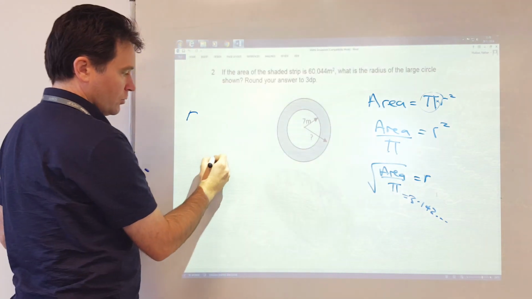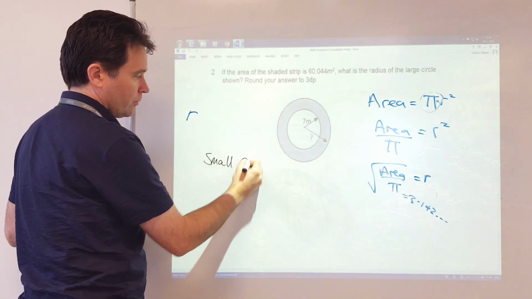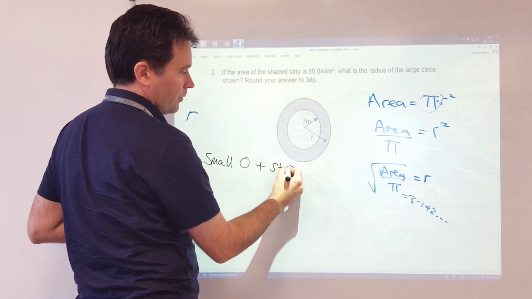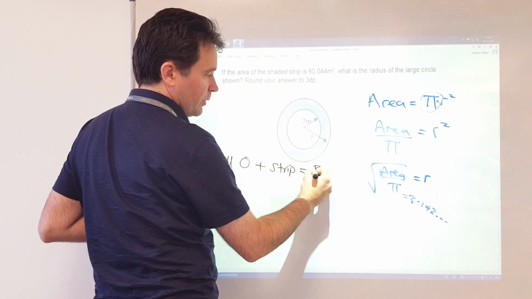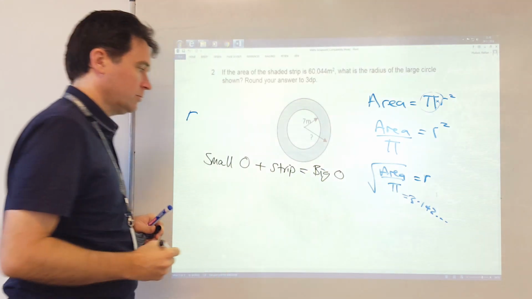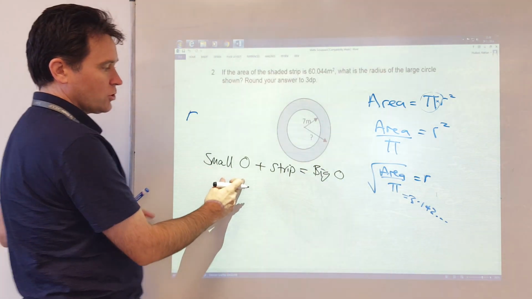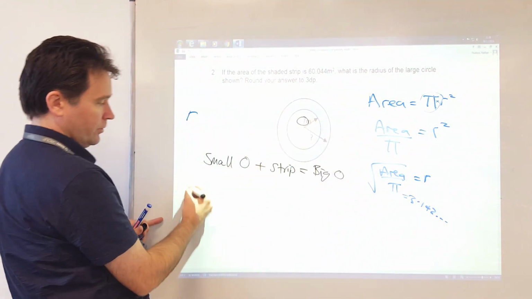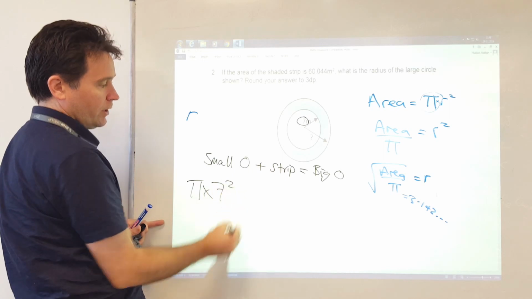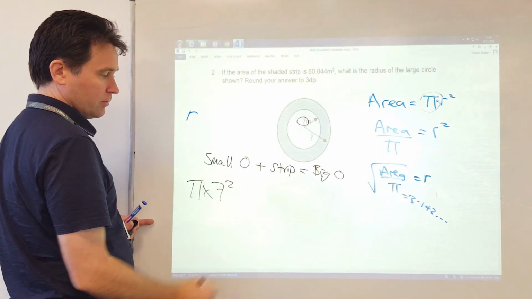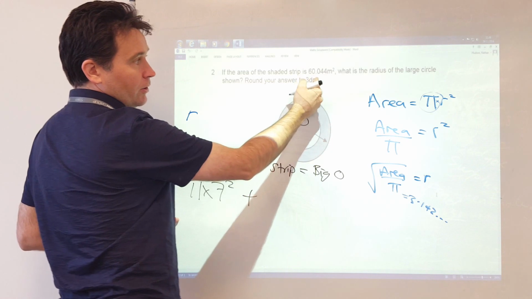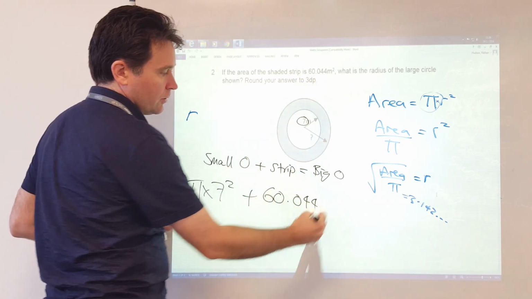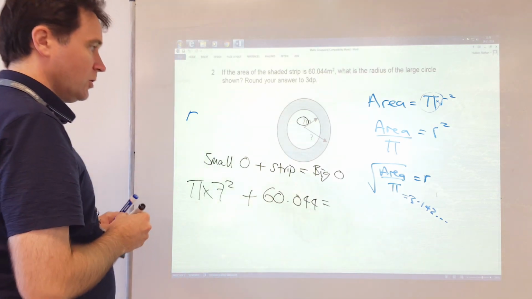The area of the small circle plus the strip must be the area of the big circle. So the small circle, well, if area is pi r squared, we know that the radius is 7. So pi times 7 squared, that's the area of that, plus the strip area, 60.044, gives the area of the big circle.